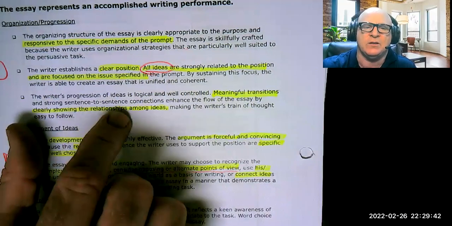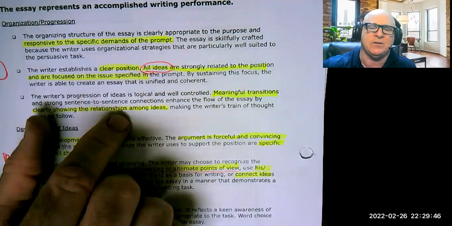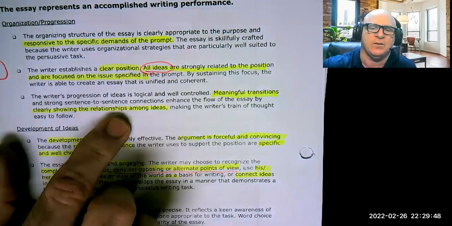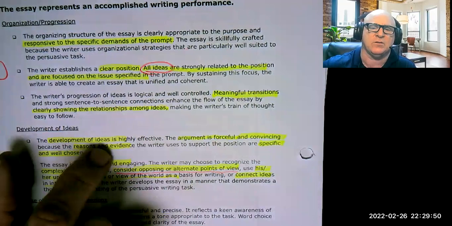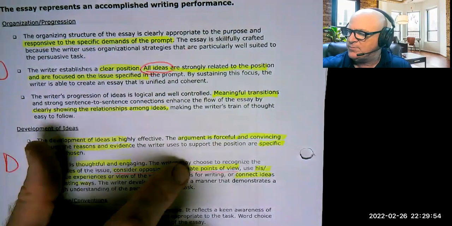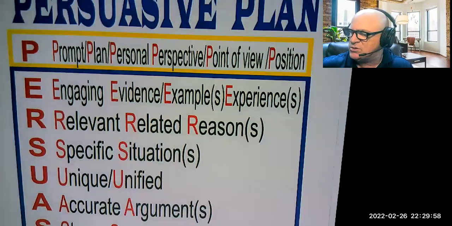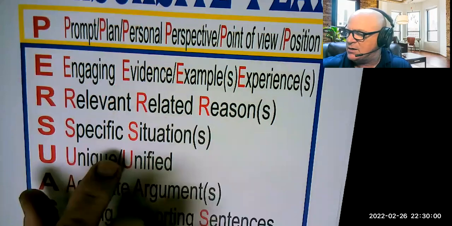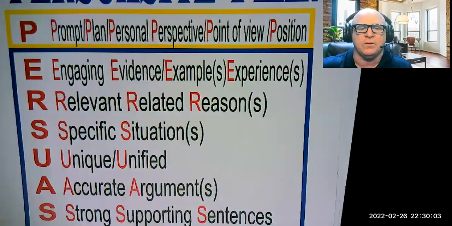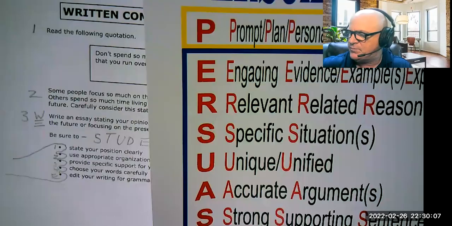Each reason that your students give has to relate to each other. Has to support the position. Okay, so make sure that that's important. Specific situations. Where was that in our adult rubric? Specific support, the third bullet.